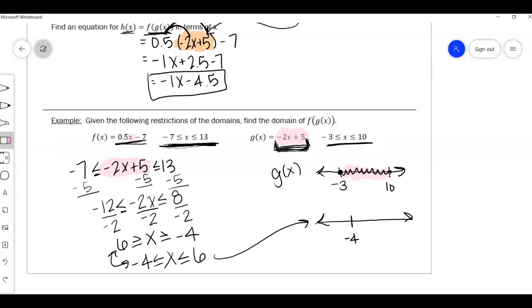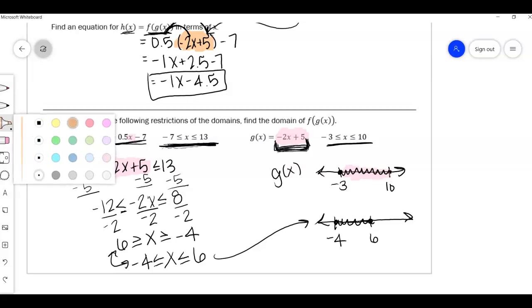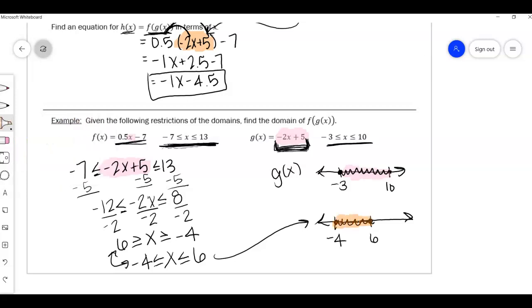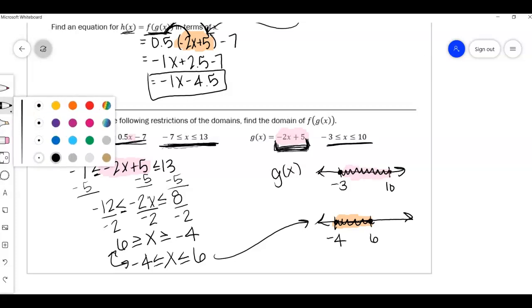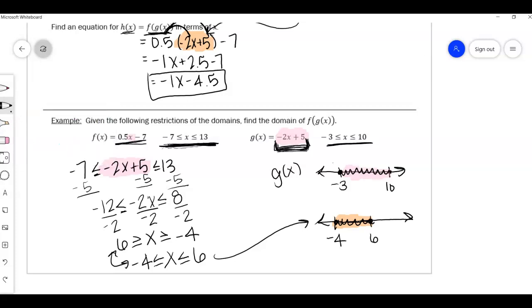And I'm actually going to place that negative 4 over just a little bit more. And so these are the numbers that we're allowed to use that will work for f of g of x. The issue is that we have some conflicts.